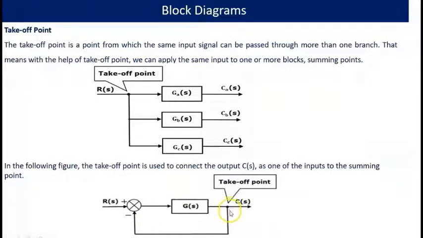Here, the same value is given to the summing point. In the following figure, the takeoff point is used to connect the output C of S as one of the inputs to the summing point. So that is takeoff point. This point is the takeoff point.